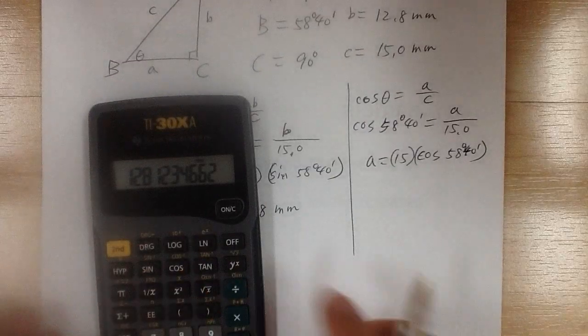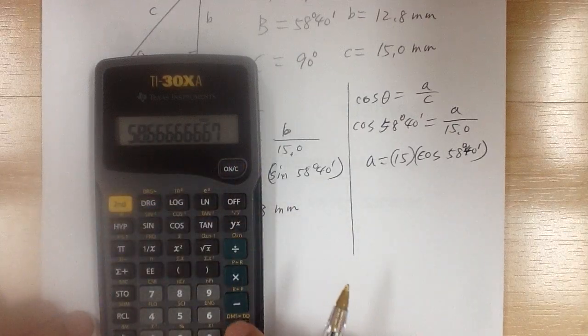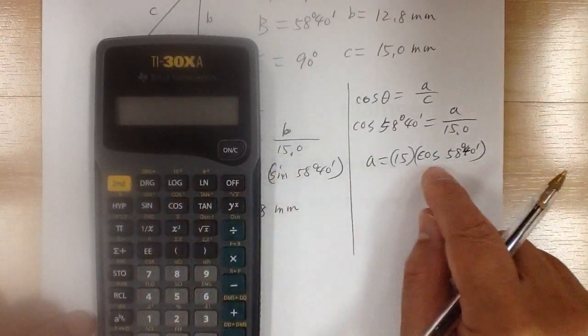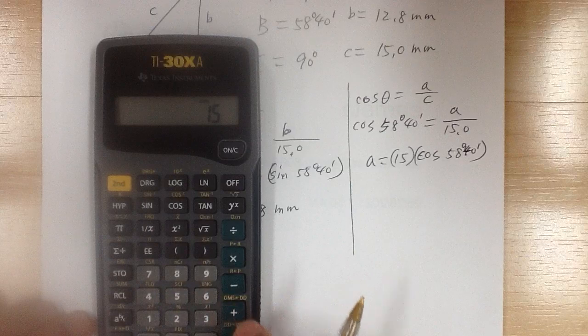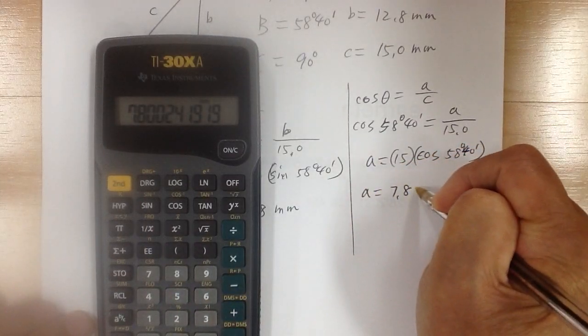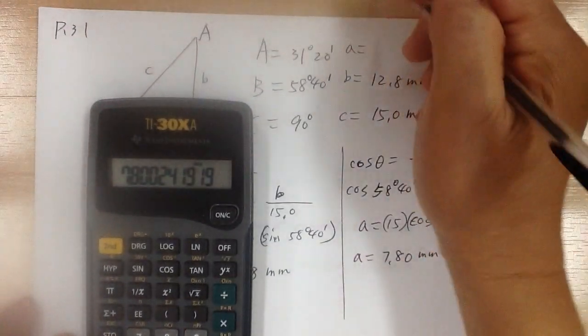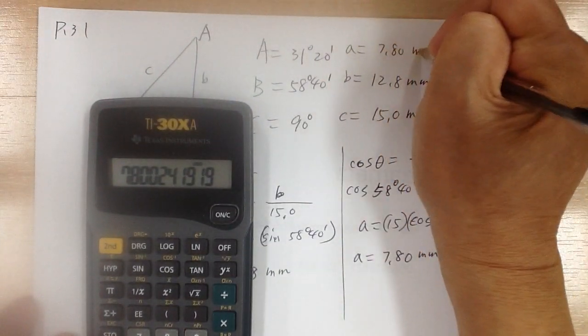Then just use a calculator. Again, I'm working backwards: 58.40 is converted to decimal degrees, take the cosine of that, times 15 equal, so A equal to 7.80 millimeters. Again, I'm using 3 digits, so it would be 7.80 millimeters.